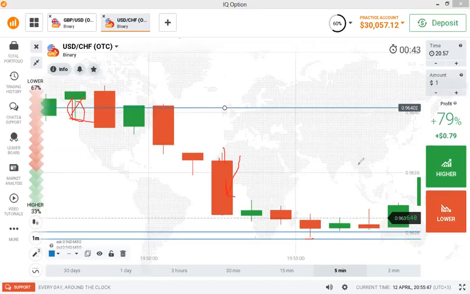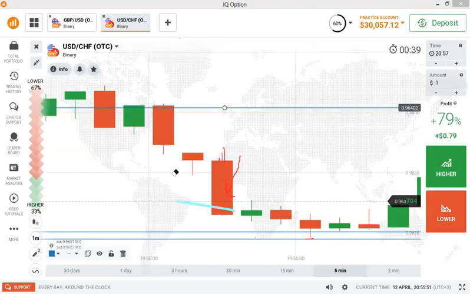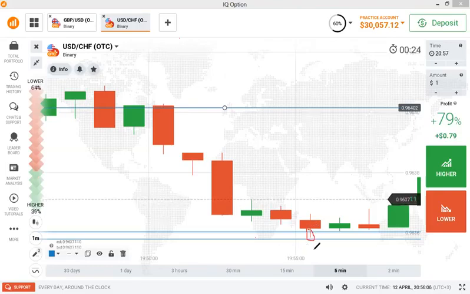You can see what happened here, on this level. The sellers are trying to pressurize the buyers on this area, because I told you that buyers are waiting to buy the market here. But what happened?